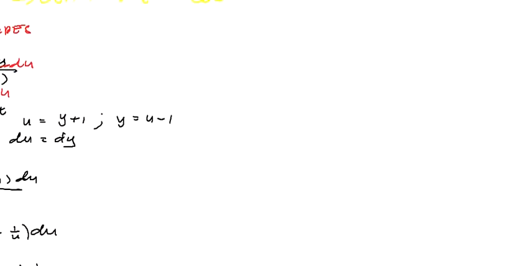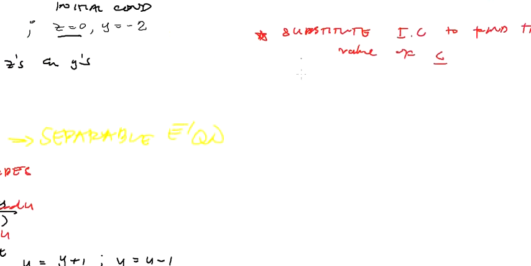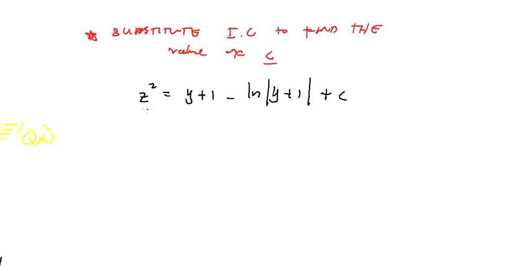If we consider this as our general solution, then let's substitute the value of our initial condition: when z is equal to 0, y is equal to -2.